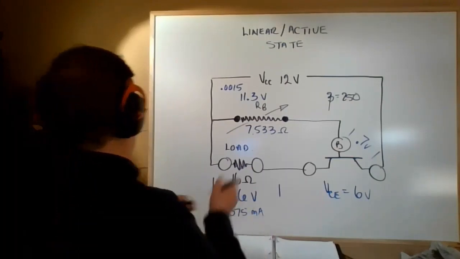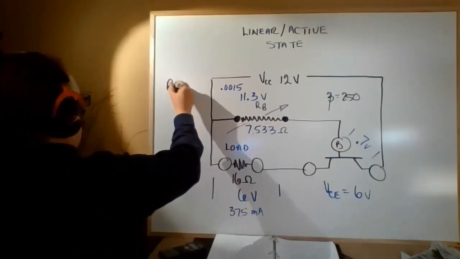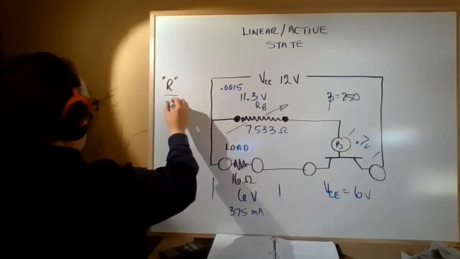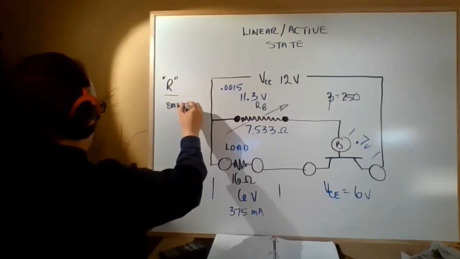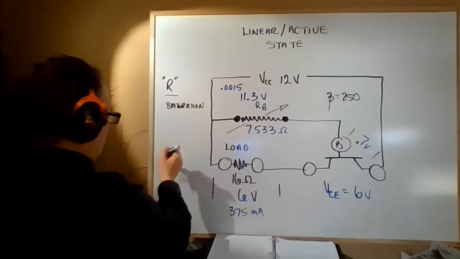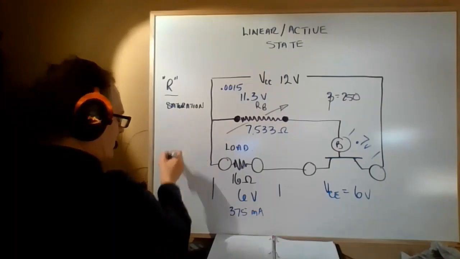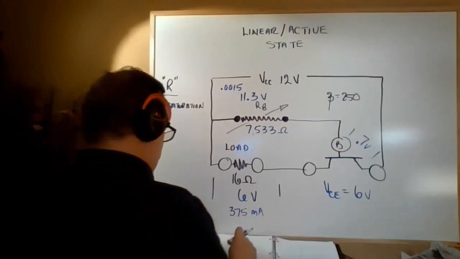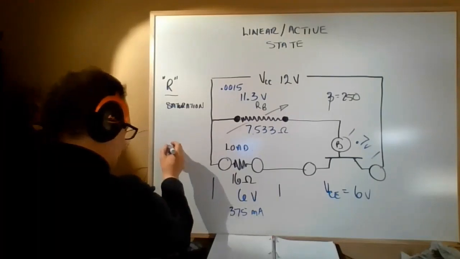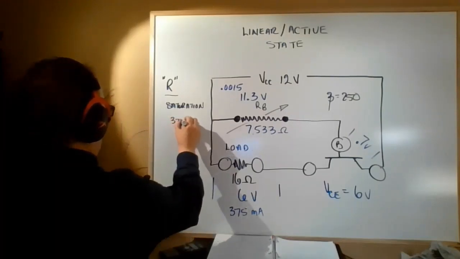I've done a couple of calculations, and I'd like you to double check them when you have a moment. The resistance to bring this circuit to saturation should be about 3,798 ohms.